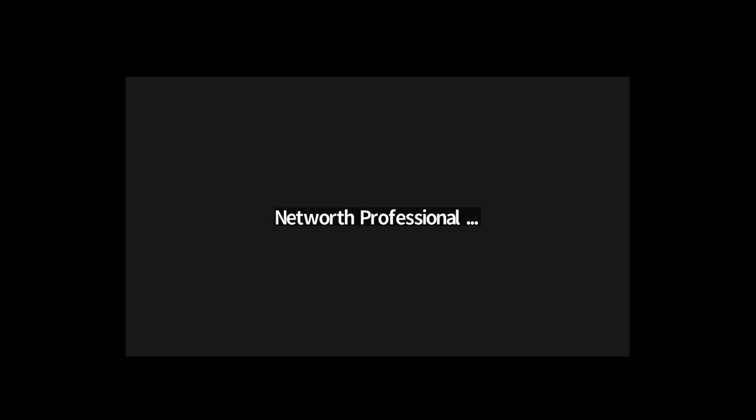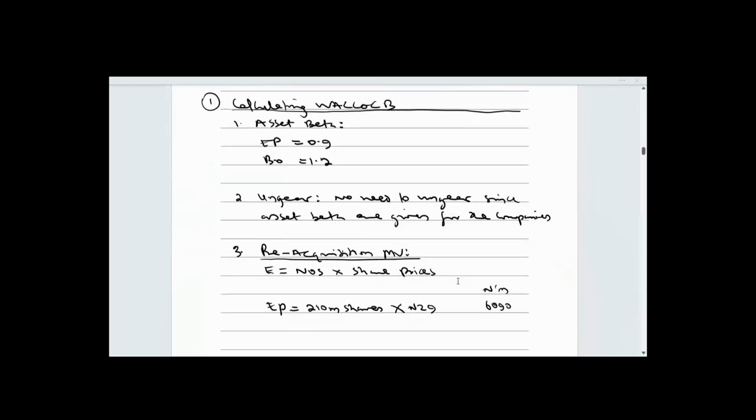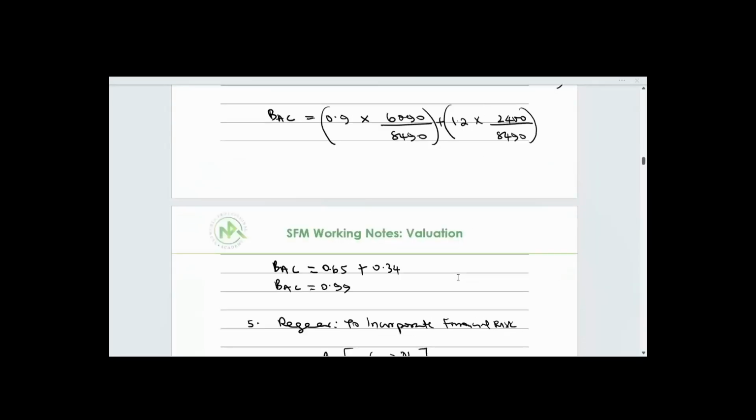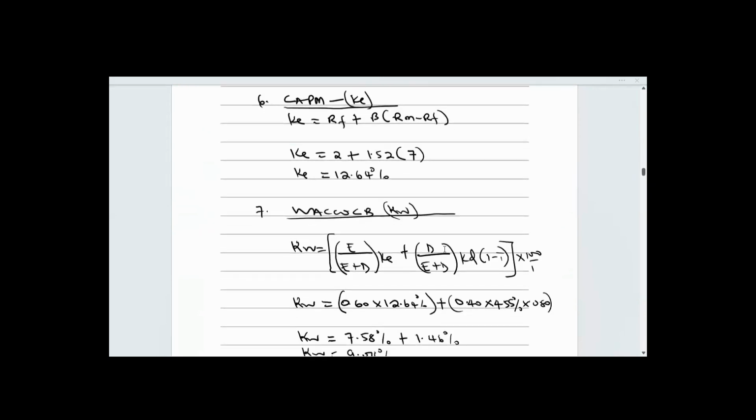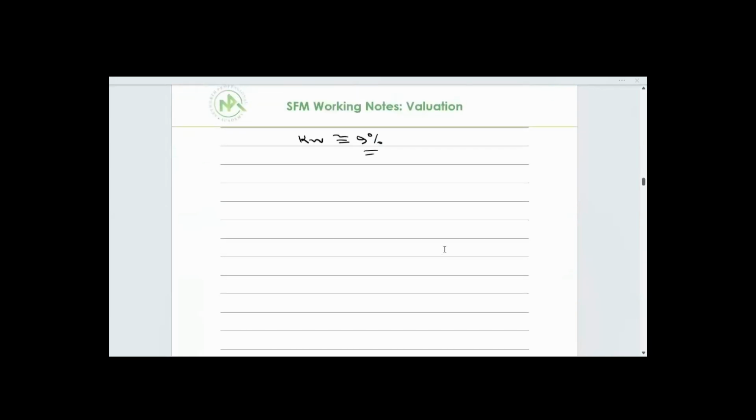So that will be on the same page, working notes. Okay. So number B, requirements.